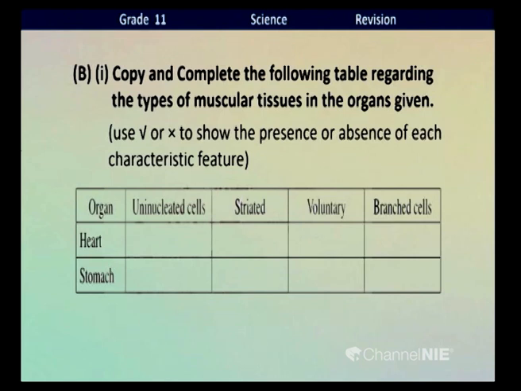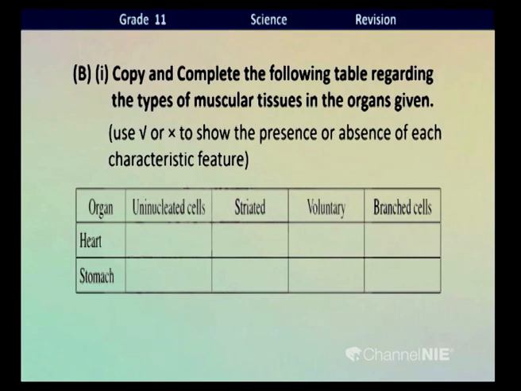In the wall of the digestive tract, inside the stomach even, smooth muscle tissue is available. Then we have to check whether these given characteristic features are available for the cardiac muscles in the heart and smooth muscle tissue in the stomach. We'll go one by one.